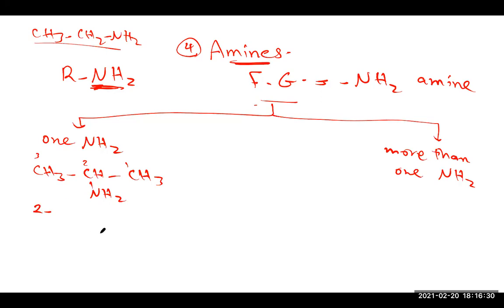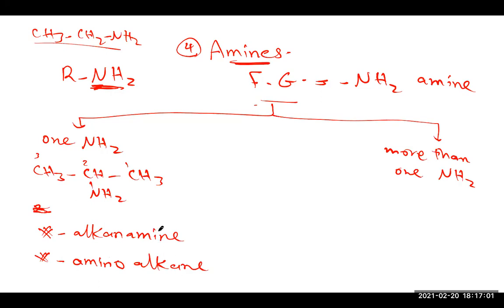And we have two ways here. We can write the number, and we can write the alkane and then amine. Or we can write the number, amino, alkane. So we have two different ways to write: the number and then alkane amine, or amino alkane.